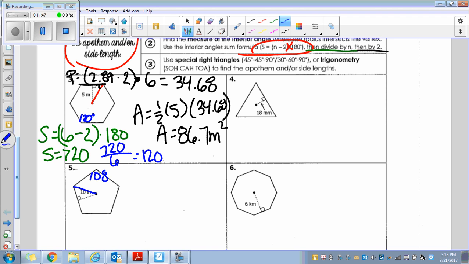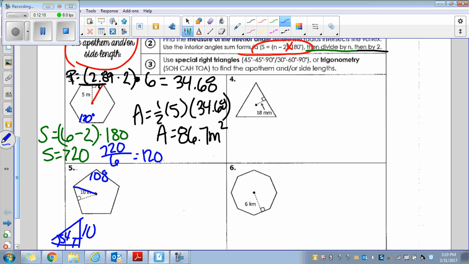That means that each little part of the right triangle here, if this is 10, we know that this angle here won't be a special right triangle. Half of 108 is 54.